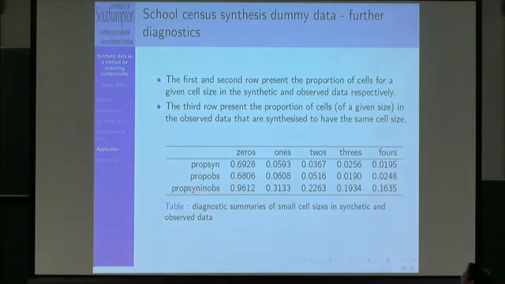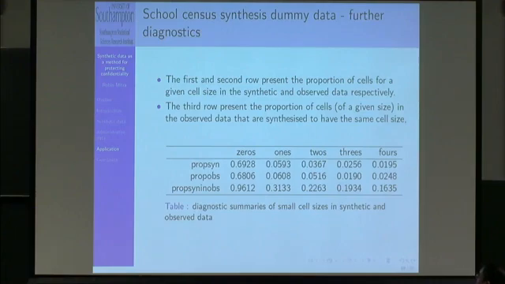The third row is interesting. That was, again, looking slightly from a confidentiality point of view. It's basically the proportion of cells of a given size in the observed data that are synthesized to have the same cell size. Look at the zeros: out of all the zeros in the original data, 96% of them were synthesized to stay zero. So a lot of zeros stayed zero, which you'd expect, there's so many of them.